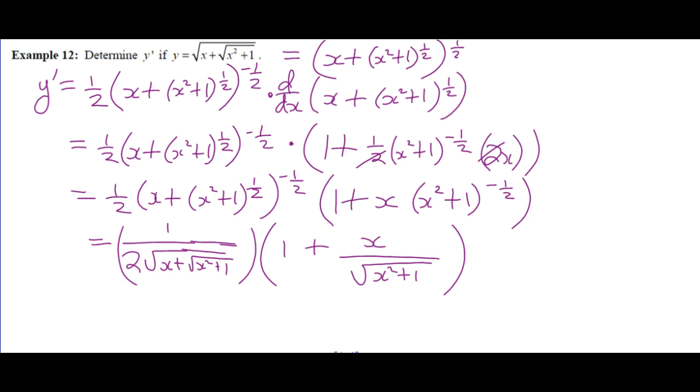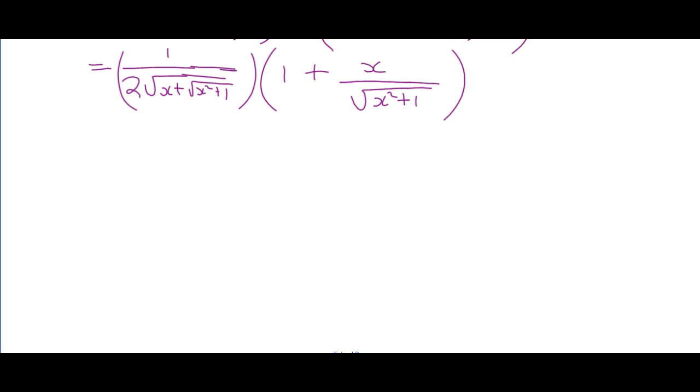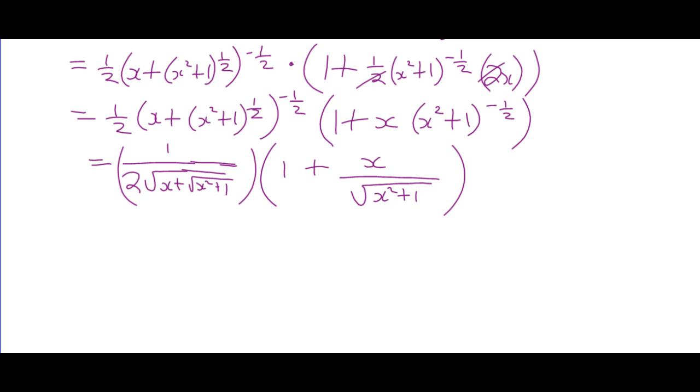We got to expand the page yet again. Okay, so we got to add these guys, right? So this is like 1 over 1. We're going to have to make it root x squared plus 1 over root x squared plus 1, to give these guys a common denominator.